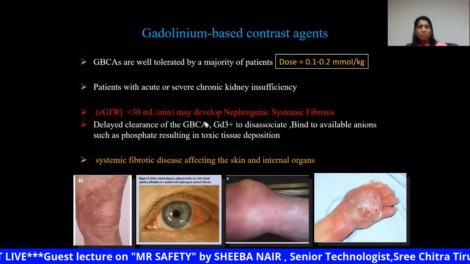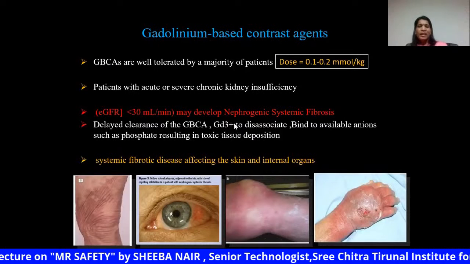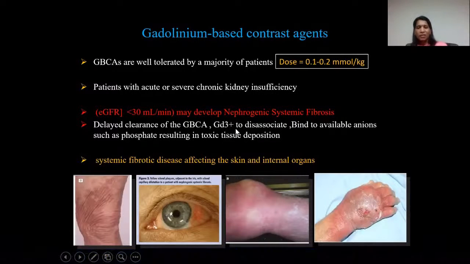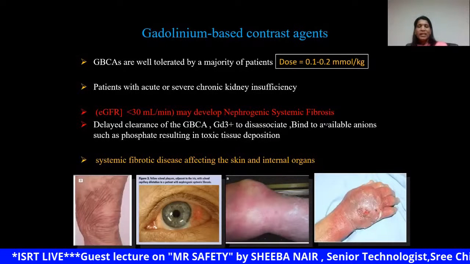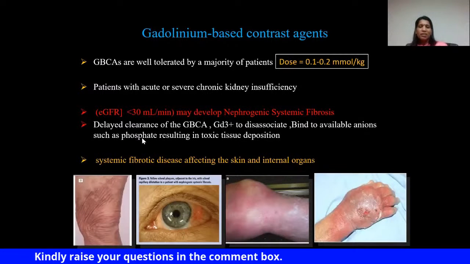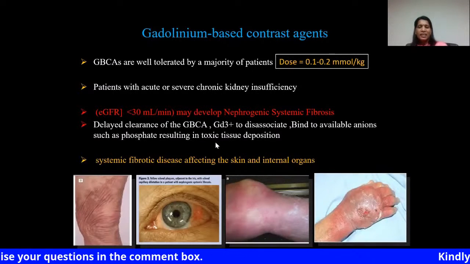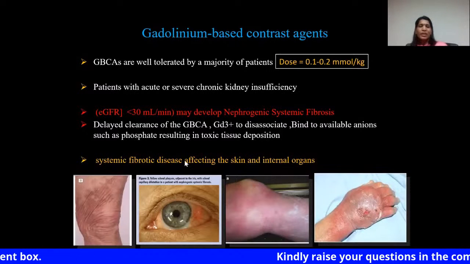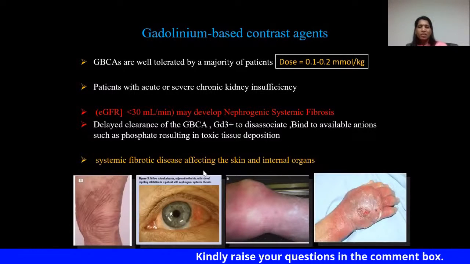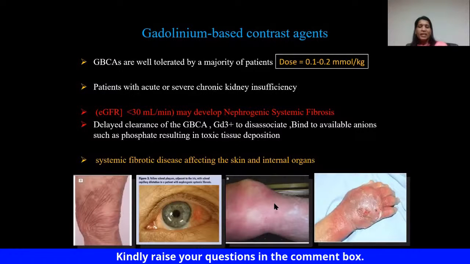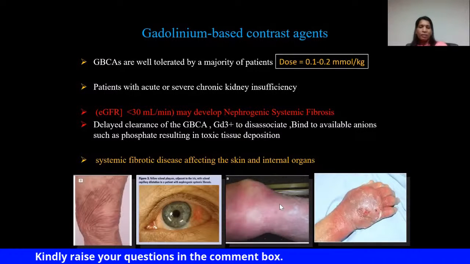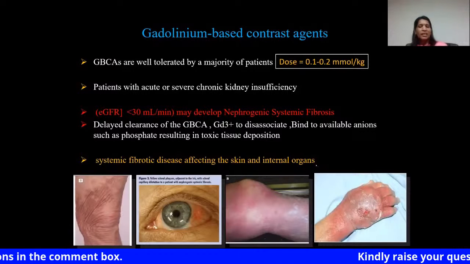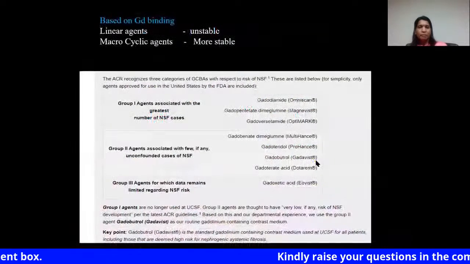It will remain in the body for a longer time, and there can be a chance of releasing free gadolinium, which is toxic and which will bind to anions such as phosphate, and it results in tissue deposition. So this can lead to a systemic fibrotic disease called nephrogenic systemic fibrosis, which mostly affects the skin and the internal organs of the patient.